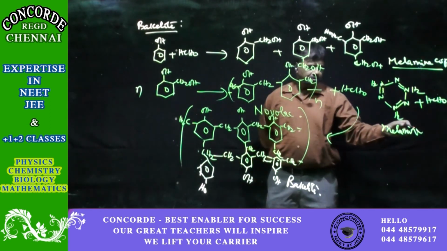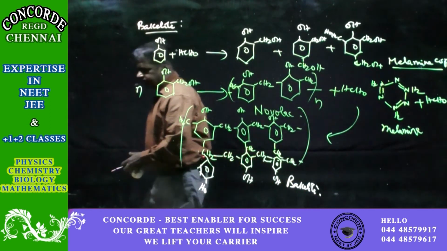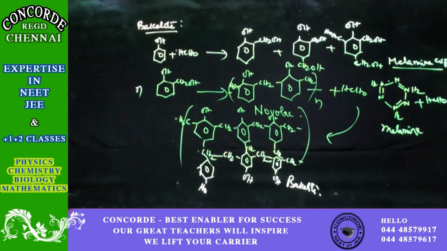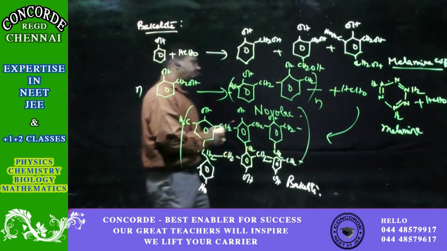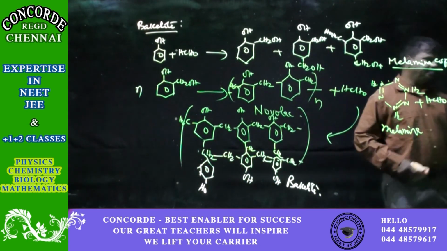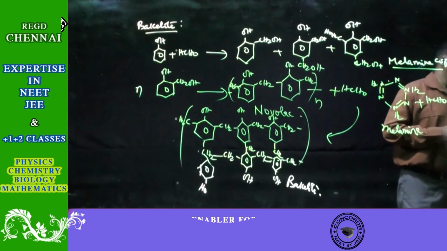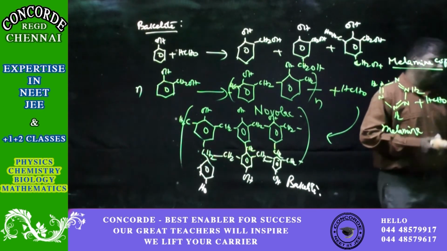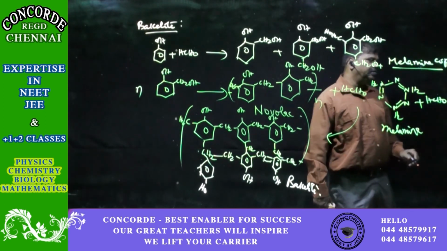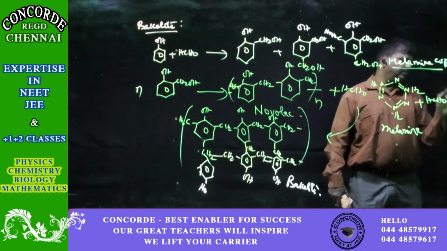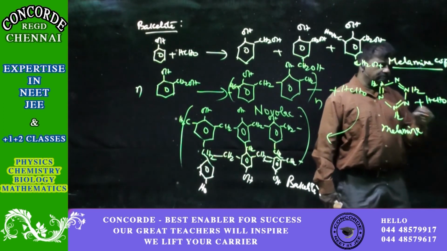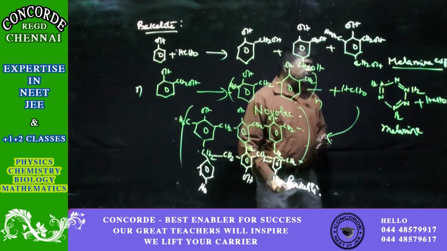Melamine on addition with formaldehyde gives the melamine copolymer. Since the CH2OH is getting added, we have to put a CH2 here. So here also there will be a CH2, here also there will be a CH2. So this is the melamine copolymer.